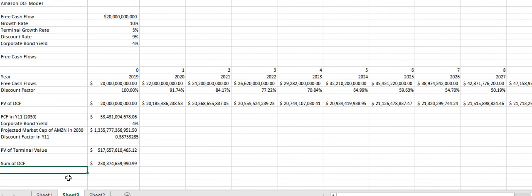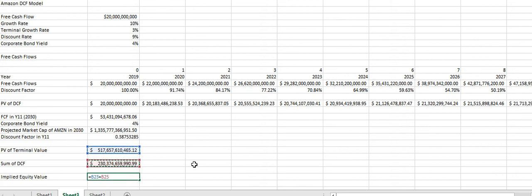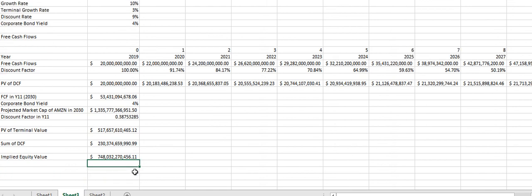And then to get the implied market value, or let's call it implied equity value, we're going to add this roughly 517 billion plus the sum of the discounted cash flows. We had an implied equity value for Amazon stock of about 748 billion. Okay.